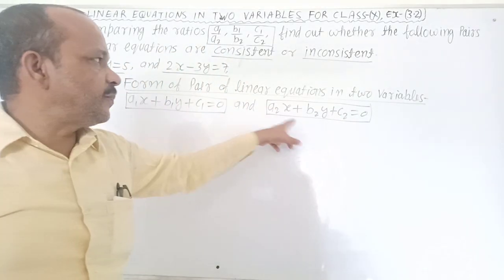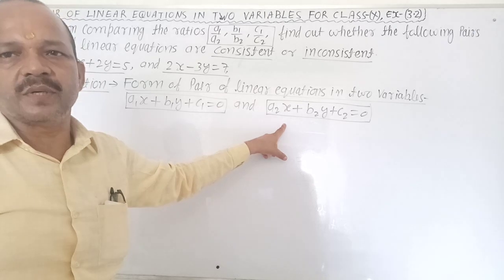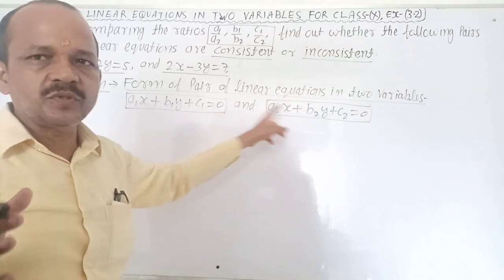It is the form of pair of linear equations in two variables. It is clear? No confusion about it?